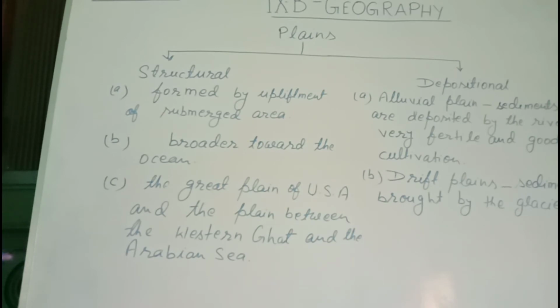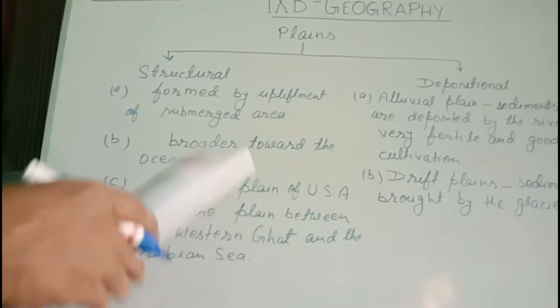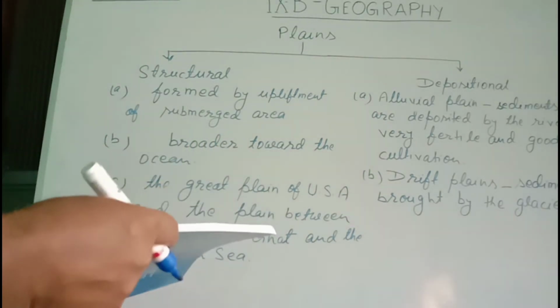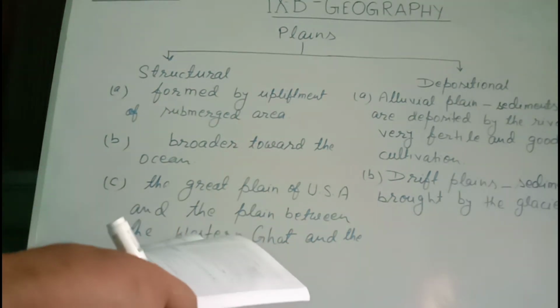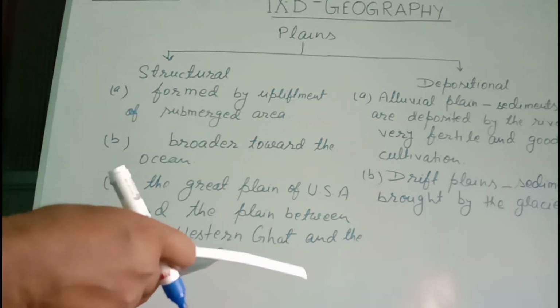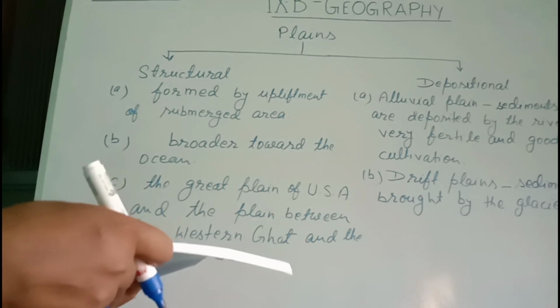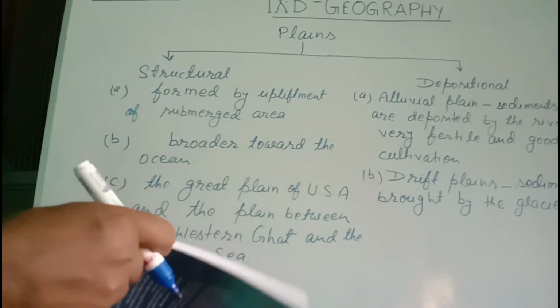When this ice melts and water flows, with that flowing water, sediments are also deposited, making the plains. That type of plain is called drift plain. As example, the Canadian plain and the plain of Northeast Asia.